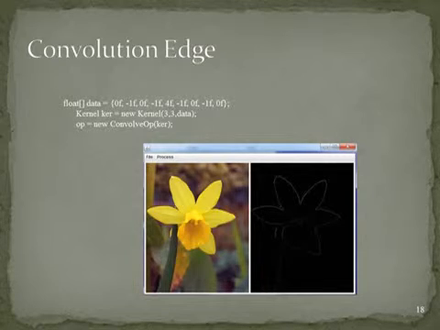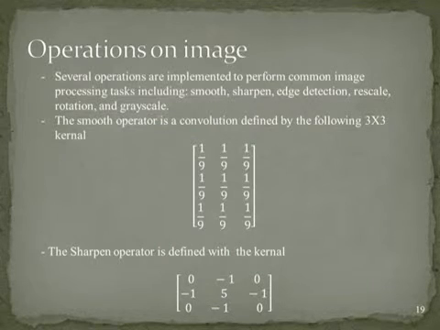As we can see here, here is the original image, and here is the filtered image, and the filtered image shows only the differences, which means this point is a different color from its neighbors, so we will see the edges only.